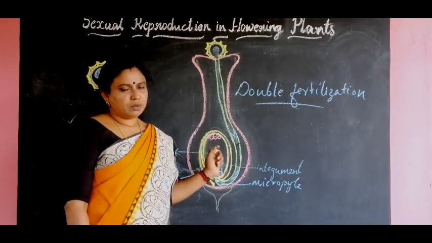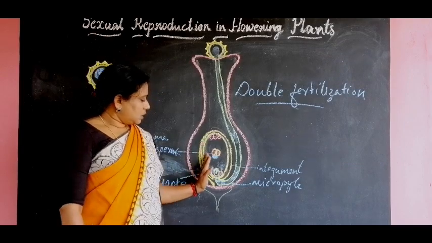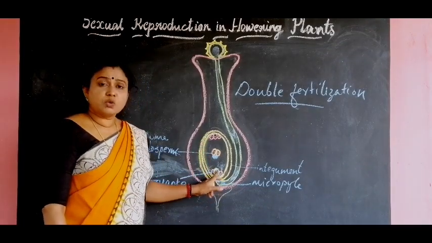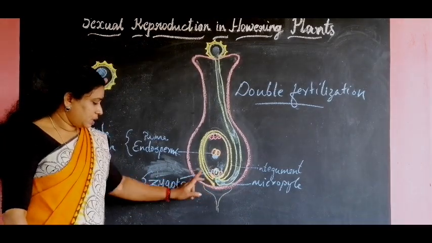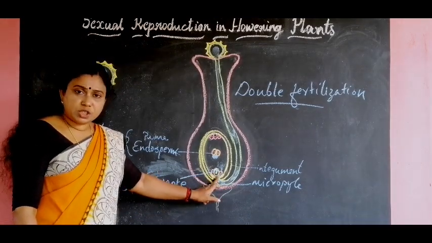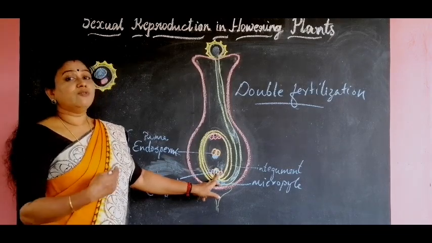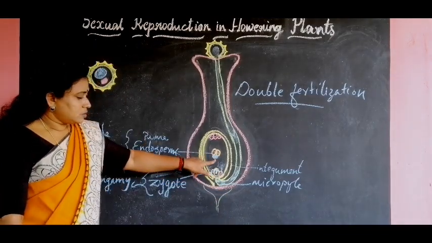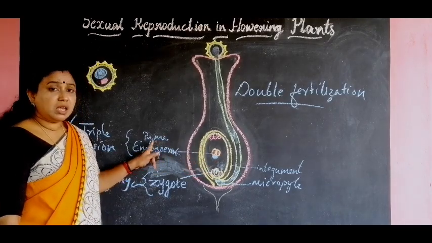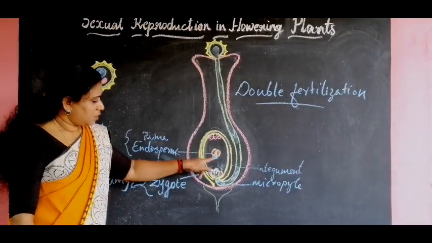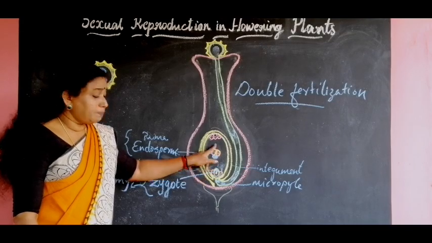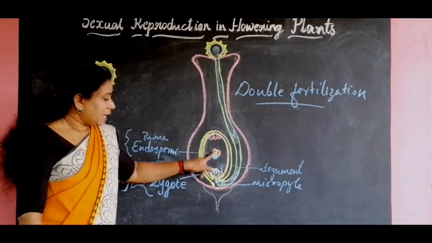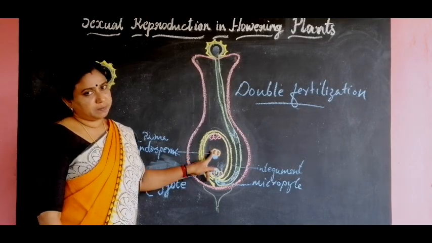By this time, the zygote undergoes further divisions and develops into a several-celled embryo. And the primary endosperm cell formed as a result of triple fusion will divide continuously and develop into an endosperm.